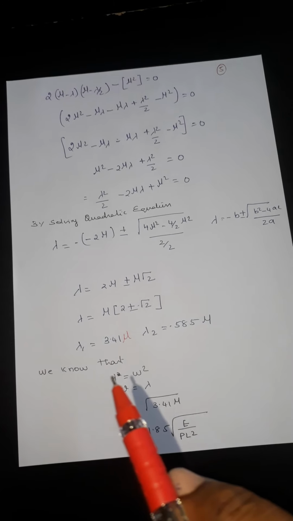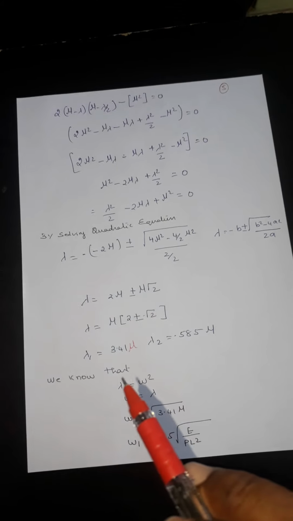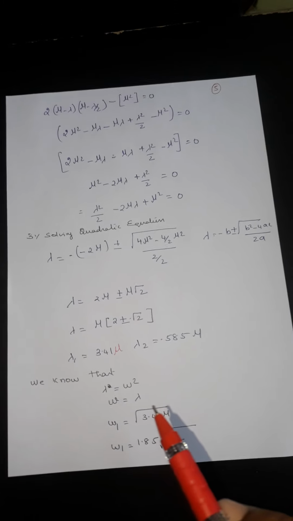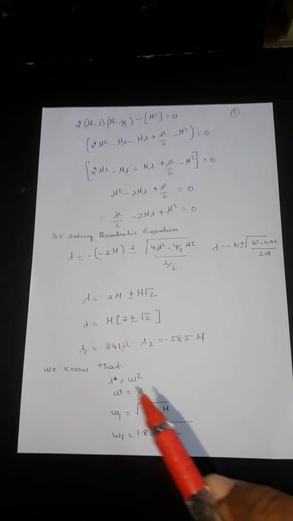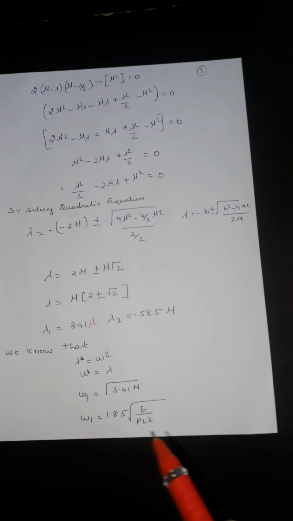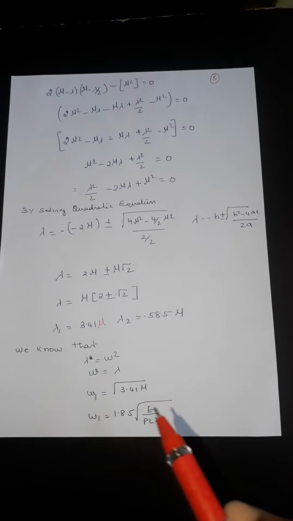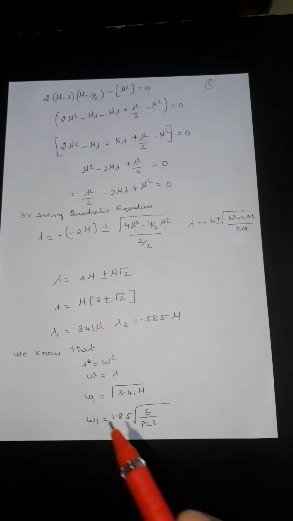We know that we have set lambda equal to omega square, so omega is the root of lambda. Here is the value of lambda. What is mu here? That we know, so I have substituted it here. First I take the root of 3.4, it is 1.85, and for mu I have substituted this value. So I got omega 1.